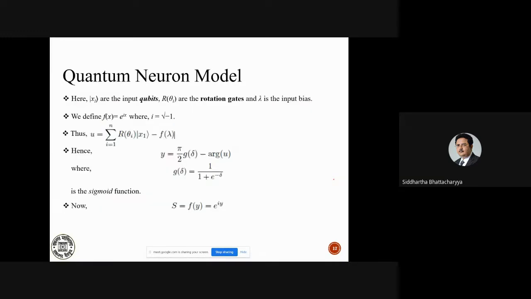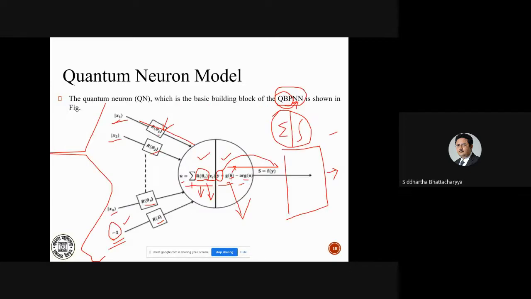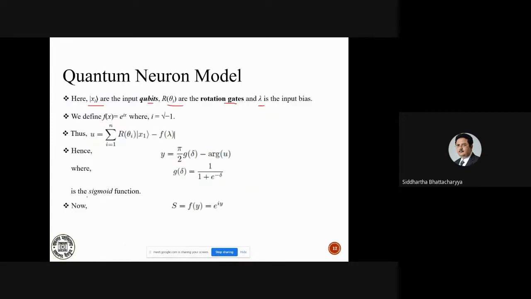Before going to that, you see the same thing has been described over here. Here |xi> are the input qubits, R(theta) are the rotation gates, and lambda is the input bias, because R(lambda) multiplied by the input -1 will give you minus R(lambda). And then you define this complex number e to the power ix in functional form for the sake of easier representation.